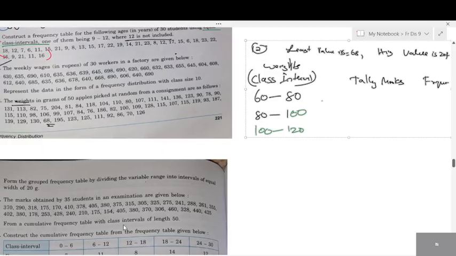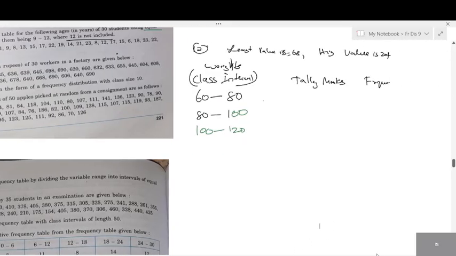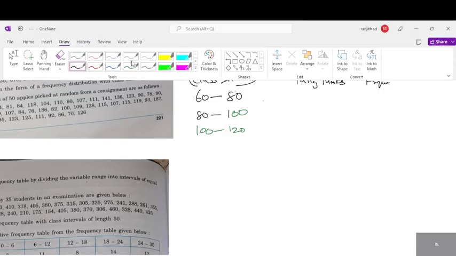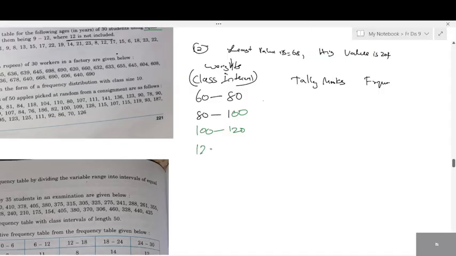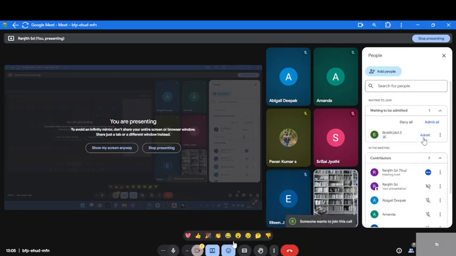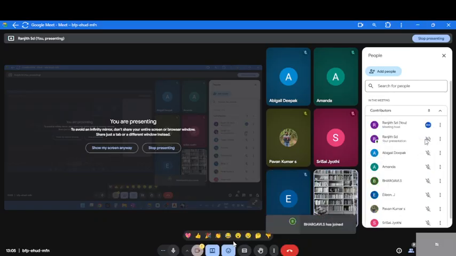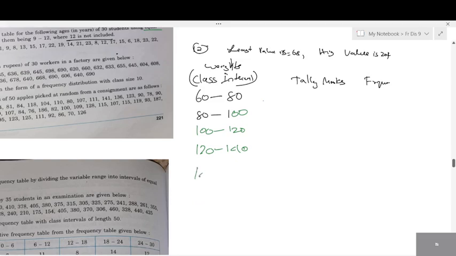Now, next one. Least value is 68, highest value is 204. So 120 to 140. It goes on. Up to how much should I write? 204 is given. 200 to 220, right?